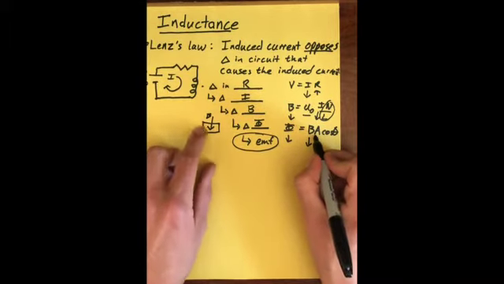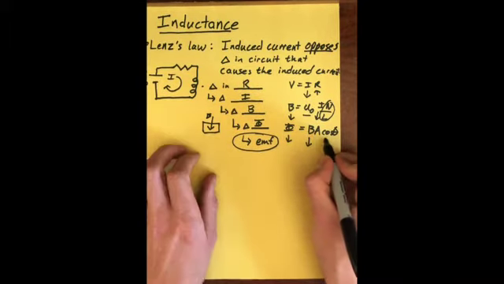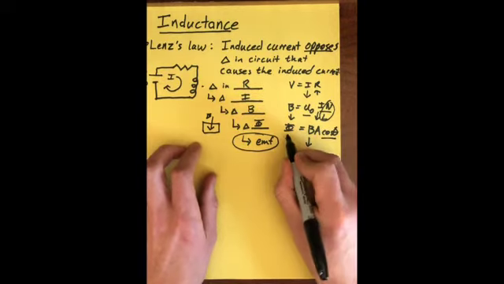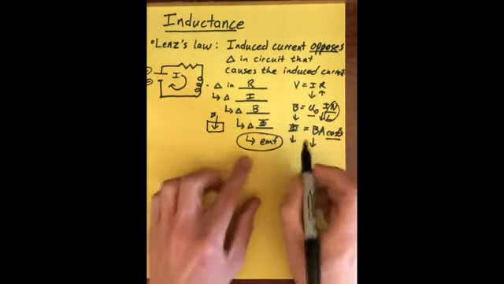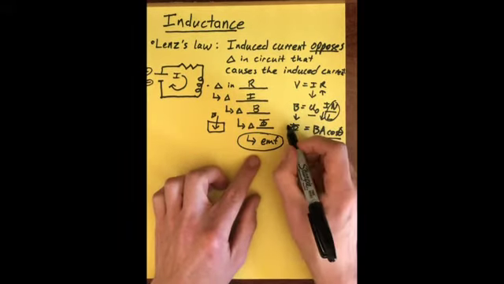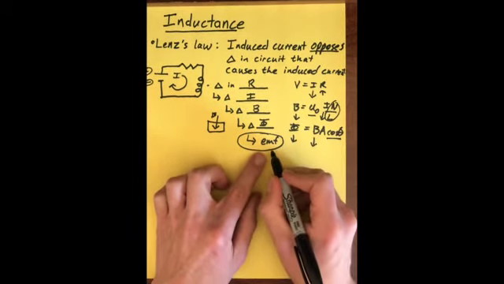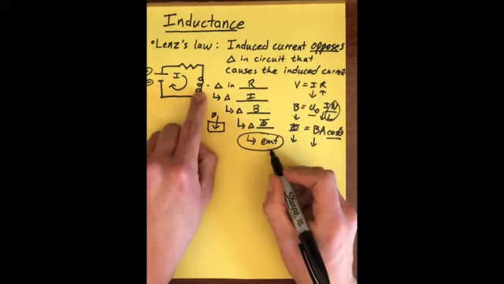But if the magnetic field is passing through at an angle, then you have to do a little bit of trig in order to figure out what the magnetic flux is. Anyway, the important part is that magnetic flux, when it's changing, is going to cause an EMF, or voltage, inside of our inductor.